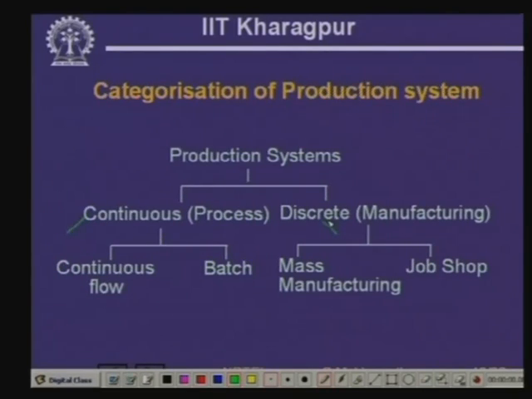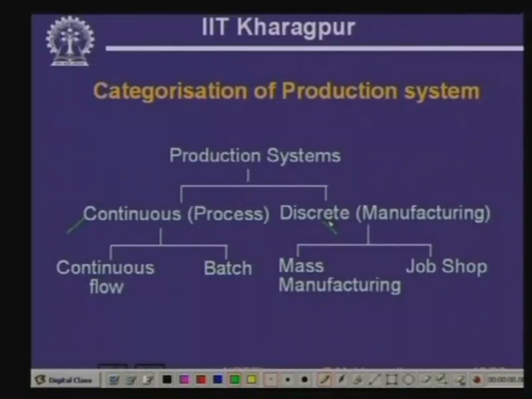So things which you can count as 1, 2, 3, so you have watches, you have bicycles, this is discrete manufacturing. On the other hand, things which you generally measure not as numbers but as quantities like oil, steel, cement, that is a continuous process, right.